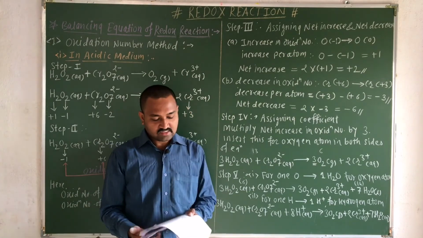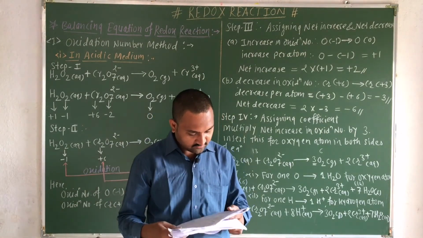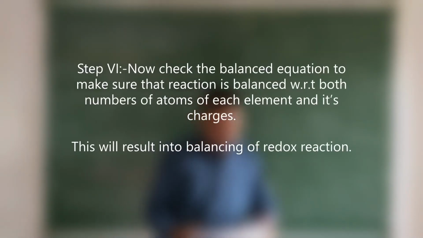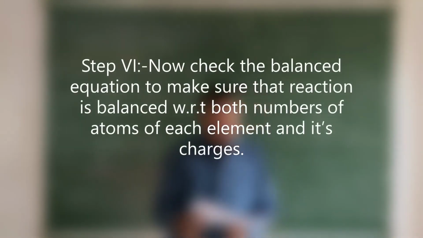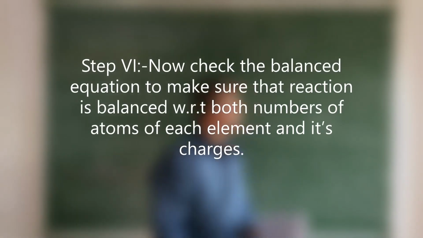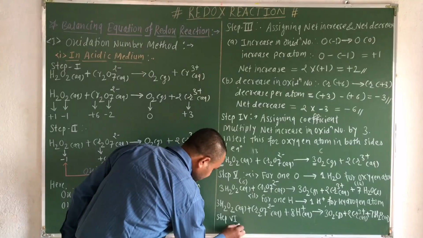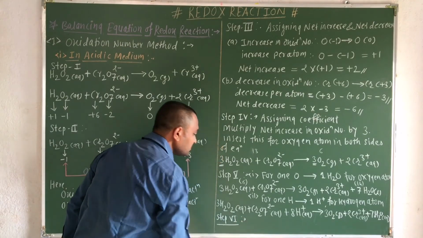Now the last step, step number 6, says to check the balanced equation to make sure that the reaction is balanced with respect to both the number of atoms of each element and the charges. So in this step, let us check whether this reaction is balanced or not.